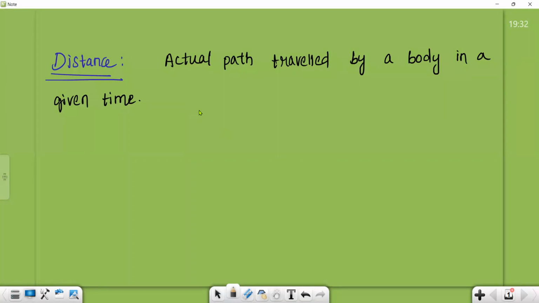Students, everybody got the definition? The actual path traveled in a particular time is called distance.